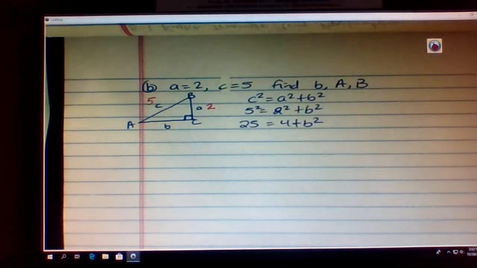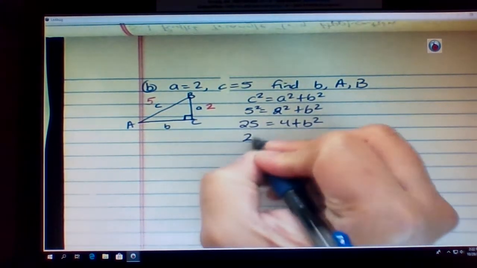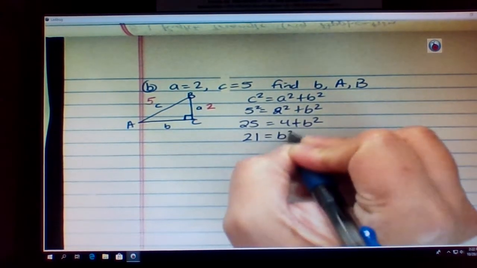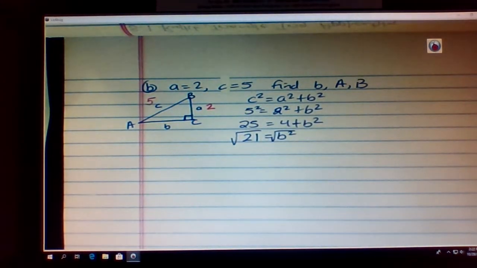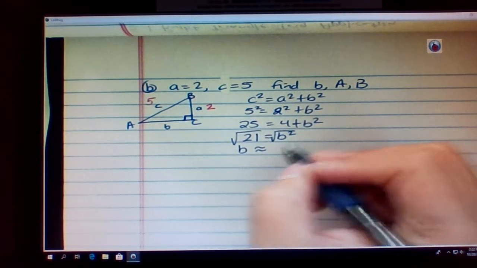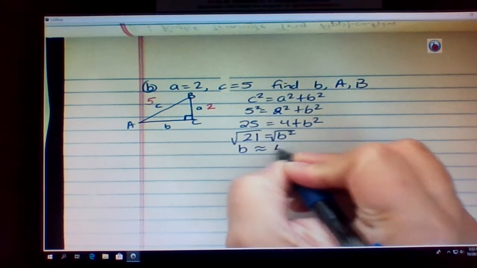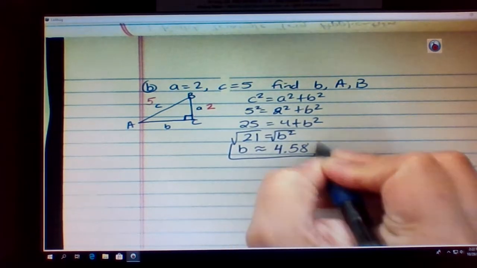Subtract it. So what is 25 minus 4? 21. And what is the square root of 21? Because we actually need an actual answer for this one. I find out that B is, to 2 decimal places, 4.58. Correct. So I found B. There it is.